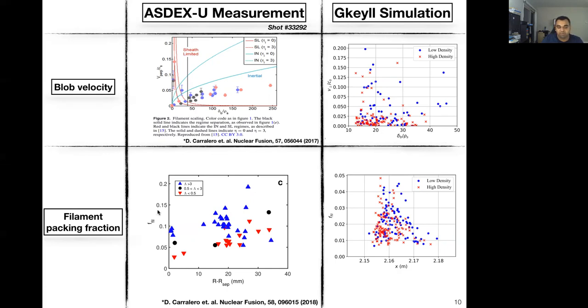Also, the filament packing fraction, if you look for the low collisionality cases, lambda less than 0.5, that means these inverted red triangles, the packing fractions also are close. We have also measured the autocorrelation functions and other stuff. So they also appear close. For the low collisionality cases; high collisionality runs are expensive and they take more time.